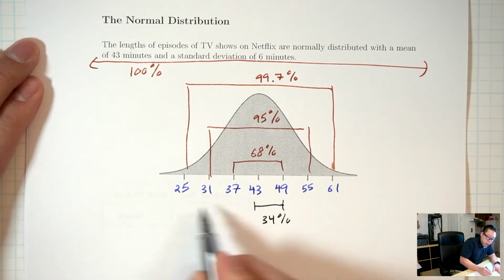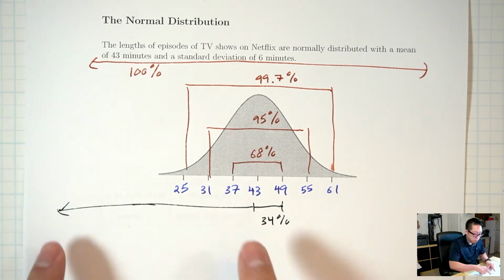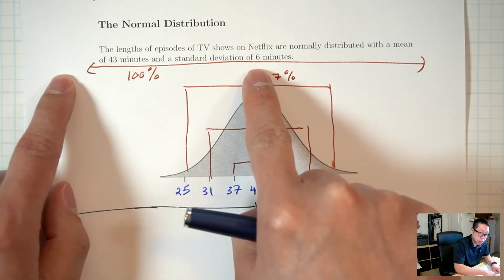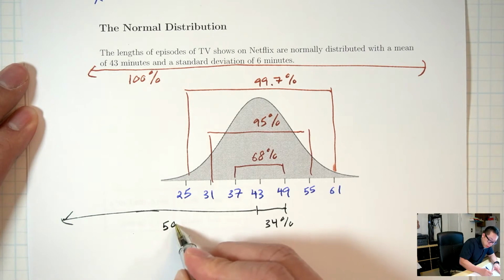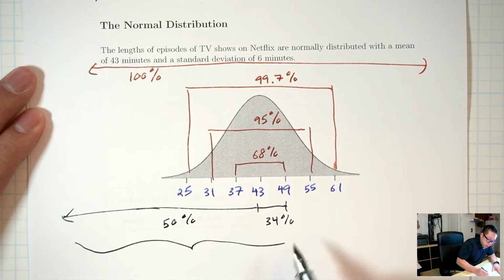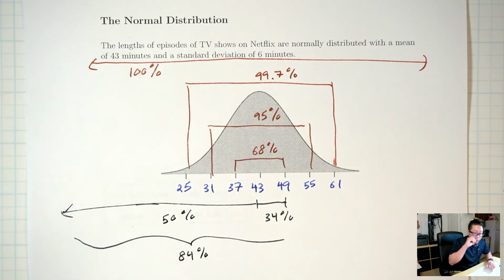And then middle all the way to the left should be half of 100%. So middle all the way to the left is 50%. And then together, that's 84%. So 84% of Netflix shows are less than 49 minutes long.